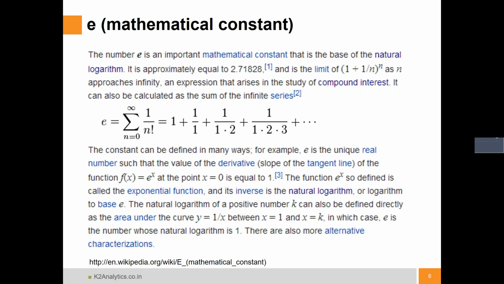If we do this calculation, limit n tends to infinity, if we keep doing summation from n equals 0 to infinity of 1 divided by n factorial, this value reaches a constant, and that constant is 2.718. That value is 2.718. Okay.